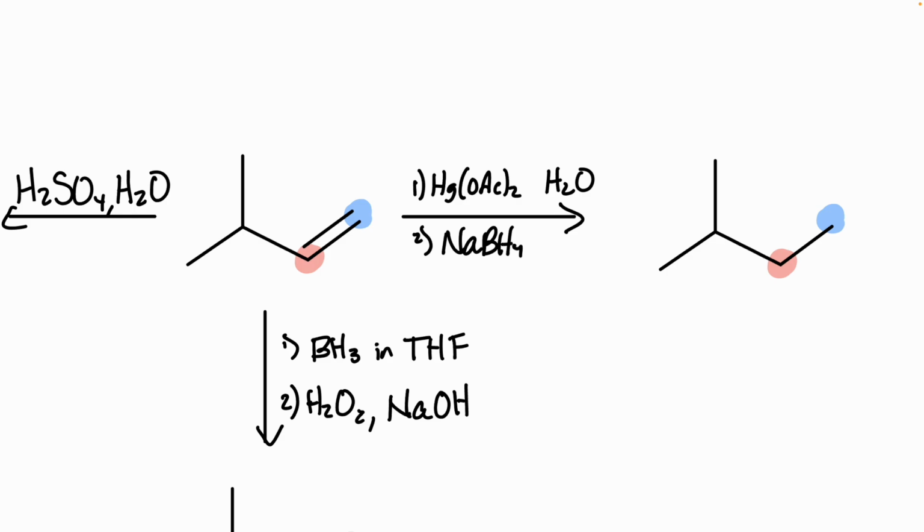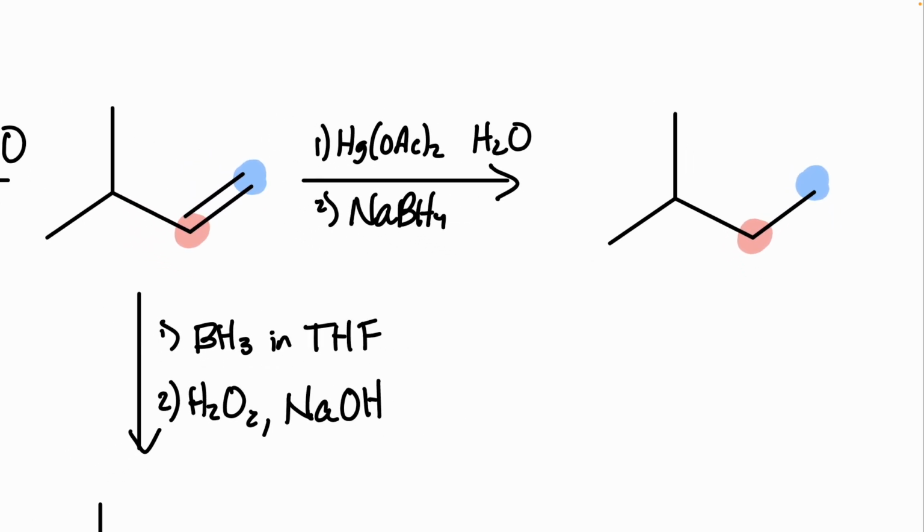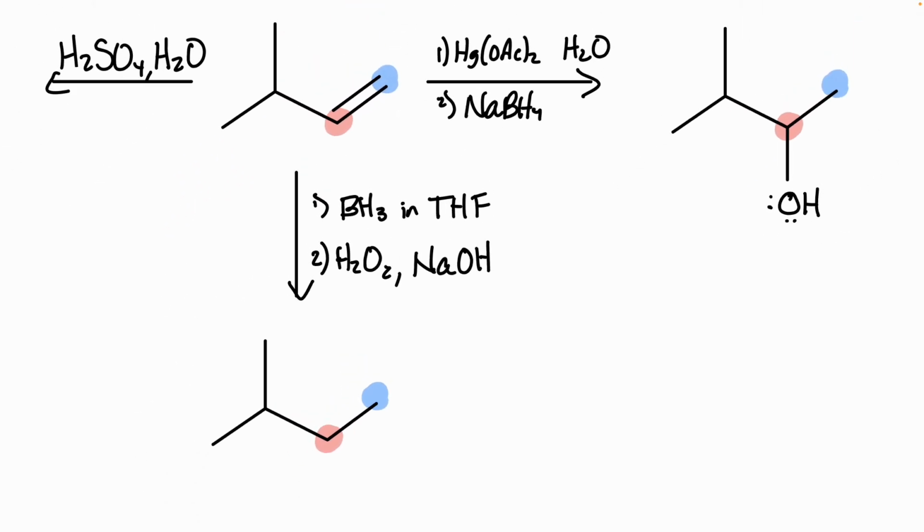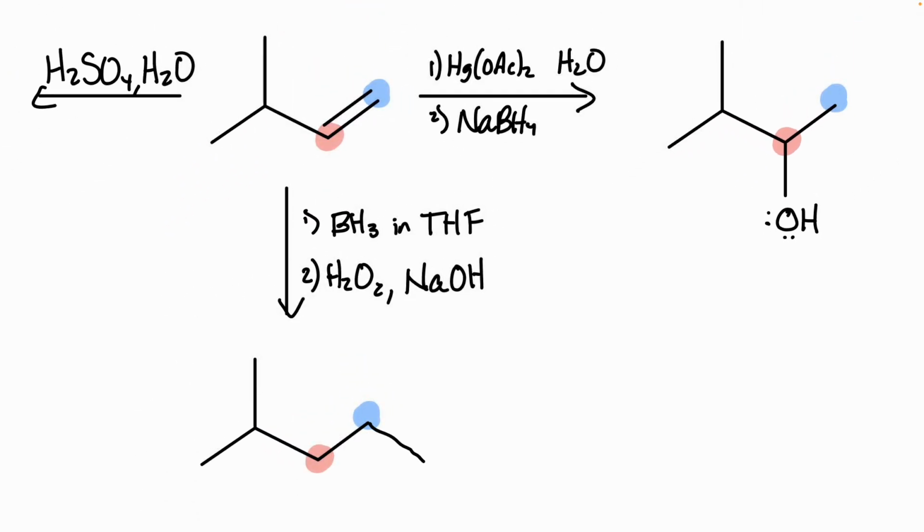All right, so for our oxymercuration reaction, this one puts the hydroxyl group on the more substituted carbon, whereas my hydroboration reaction puts the hydroxyl group on the less substituted carbon. Okay?